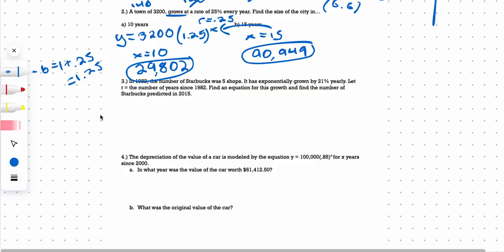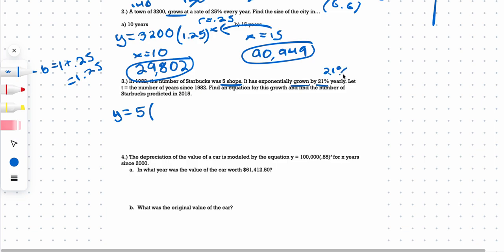Okay, so let's create an equation. We have y equals, what's our initial value? What's our starting value? 5. So a is going to equal 5. We're going to have 5 out front. That's our y-intercept. And what's our growth or decay rate? Well, here we're talking about growth, right? And so our growth is 21%.